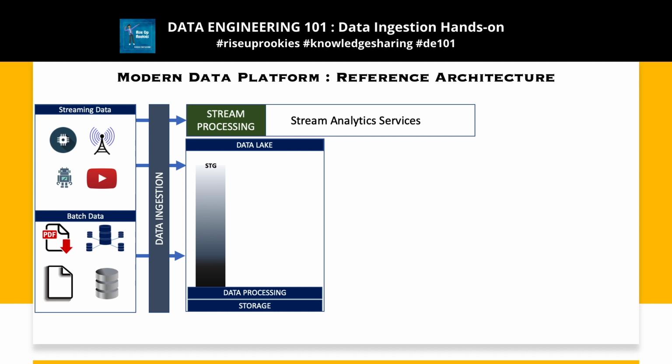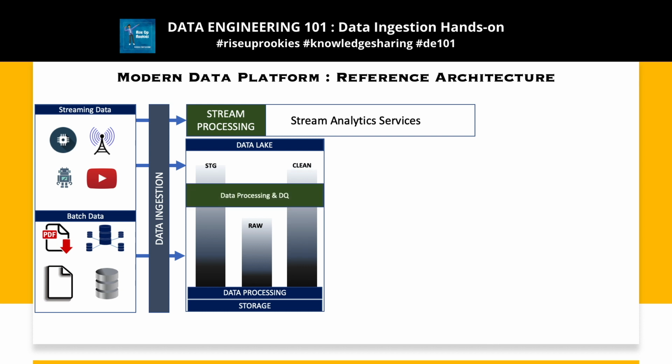It is a short-lived space for the data, and once the data moves to raw, that particular data will be deleted from the stage on the next run. And raw is more of whatever is available in the source will be copied as is, and it goes to the clean layer.